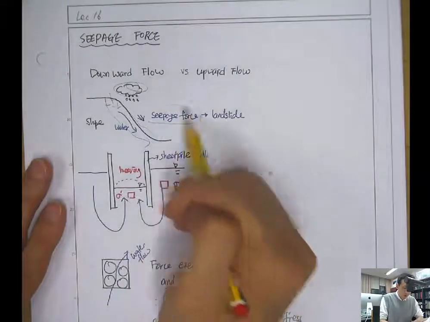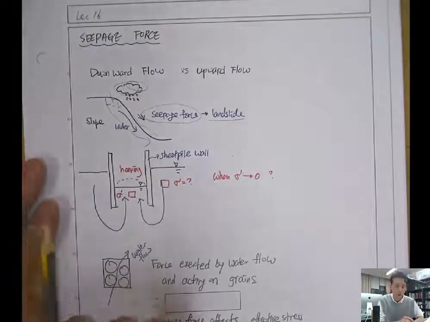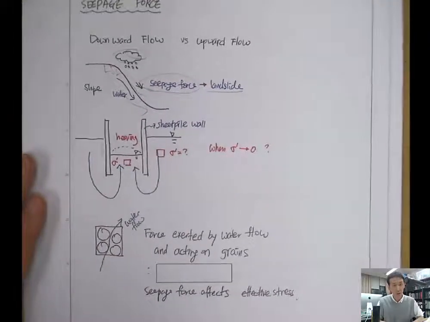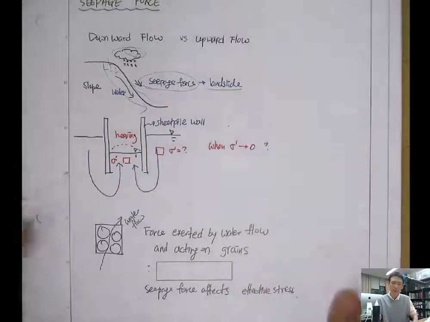This downward seepage flow often causes landslide or slope failure. So we can imagine that the water flow has some mechanical effect, like an external force, on the soil grains.